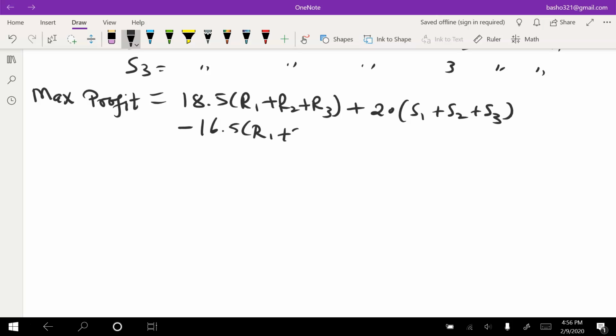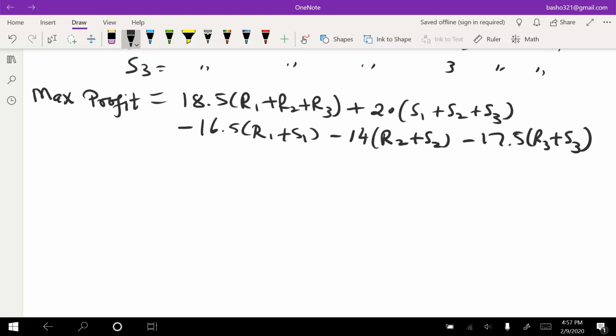times R1 plus S1, minus 14 times R2 plus S2, minus 17.5 times R3 plus S3.